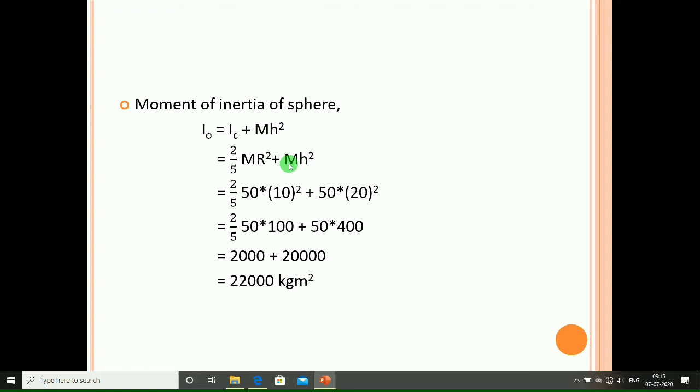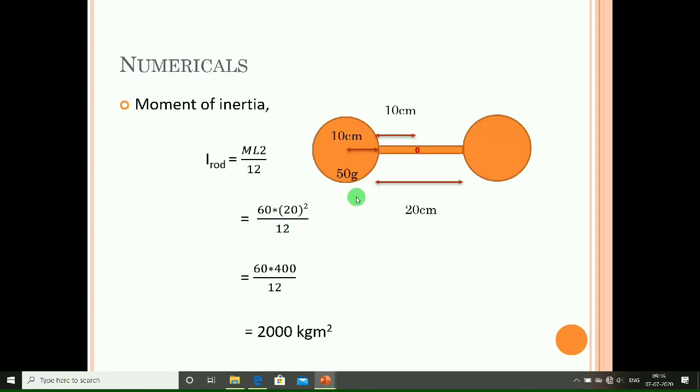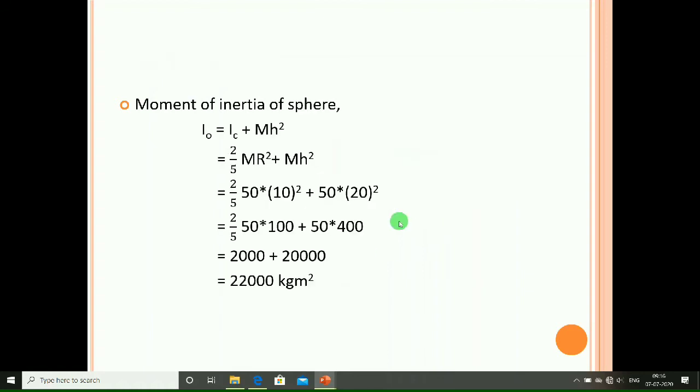M here again is the mass of the sphere. H is the distance between the two parallel axes. If you observe in your figure, one axis is passing here, another is passing here. So the total distance here will be 10 and this 10, so that will be 20. So H will be 20 here. So you will write values in your formula. 2 by 5, M is 50, radius is 10, so 10 square.